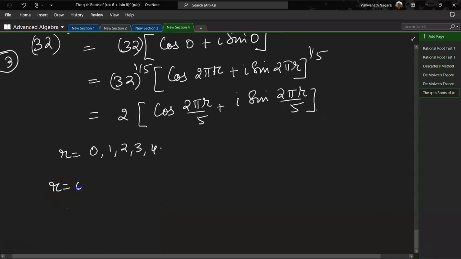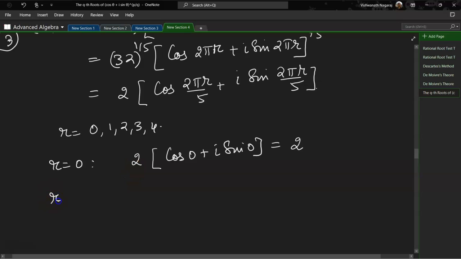So when r is equal to 0, what do we get? We get 2 times cos 0 plus I sine 0. Cos 0 is 1, 1 times 2 is 2, we have already found the most apparent one. Now let's do r is equal to 1.